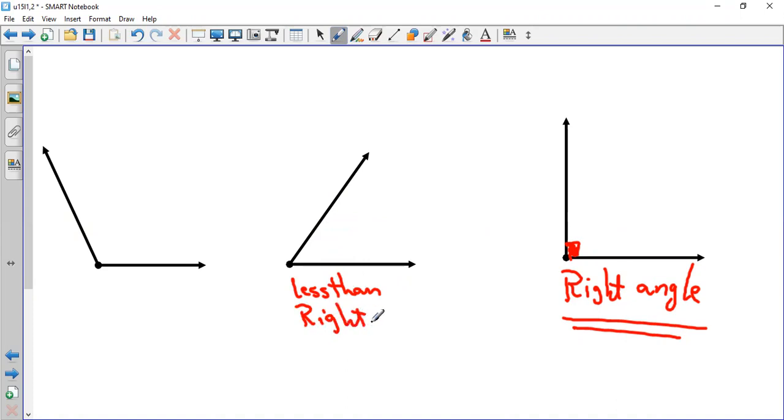So this one is called less than right angle, and this one is more than right angle. And for this one, we have an example like a compass. When you open it widely, it will form a more than right angle.